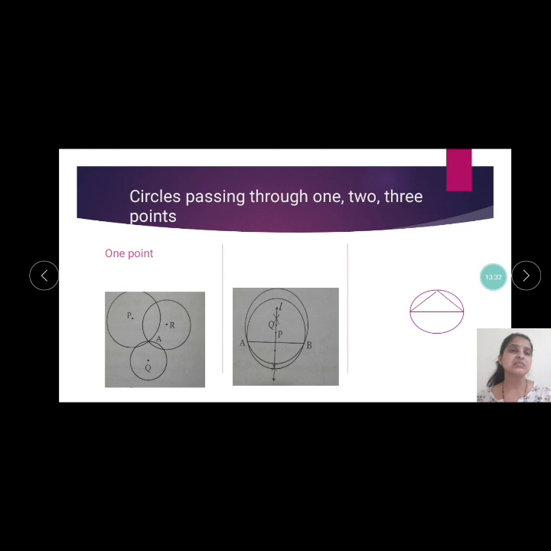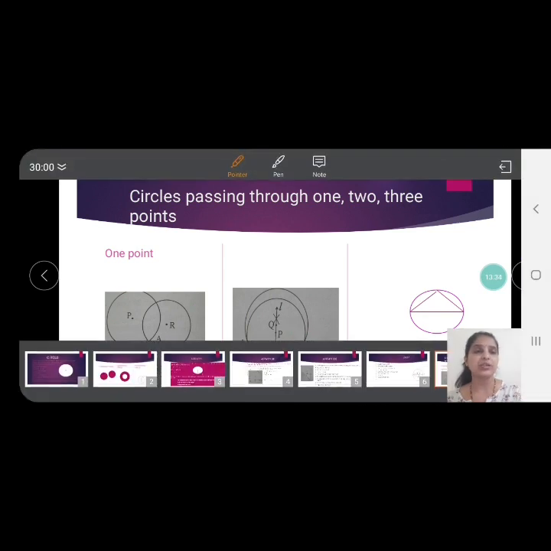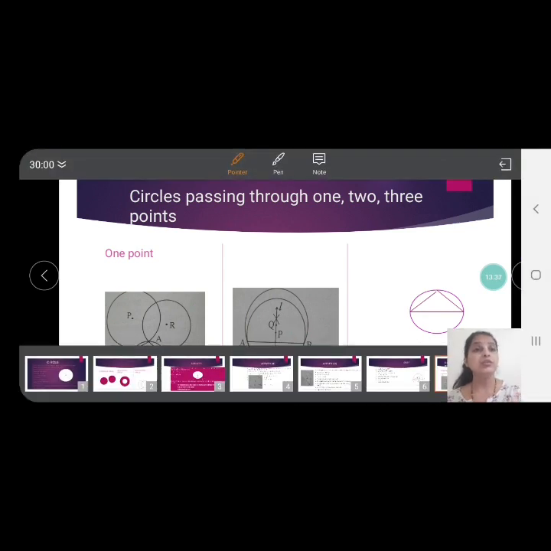Innumerable circles can pass through 2 points, but the centers will be different, which will be lying on the perpendicular line L, right?